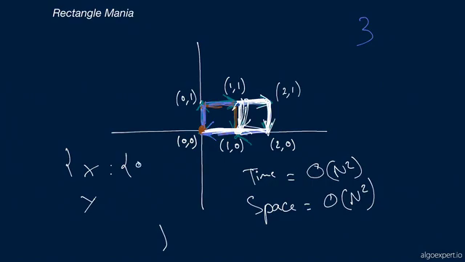How many points have 0 as their x-axis? Well, there's 0, 0, and there's 0, 1, right? And then 1, how many points have 1 as their x-axis? Well, there's 1, 1, and there's 1, 0. And then, so on and so forth with 2, and same with y, right?